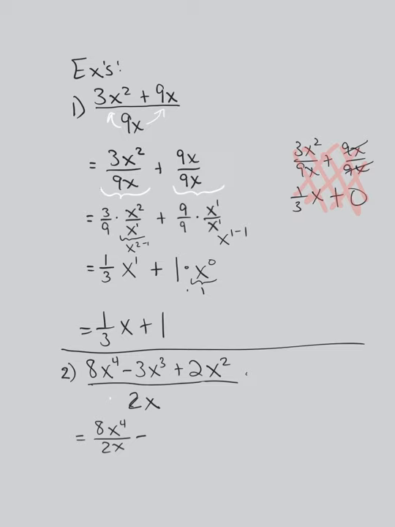So what's going on here is that this numerator has a subtraction in it. So I just carry it down. If you're having trouble seeing that, this subtraction sign is that subtraction sign. Okay, and then what do I have? I have 3x to the 3rd divided by 2x. And then lastly, I have plus 2x squared over 2x.